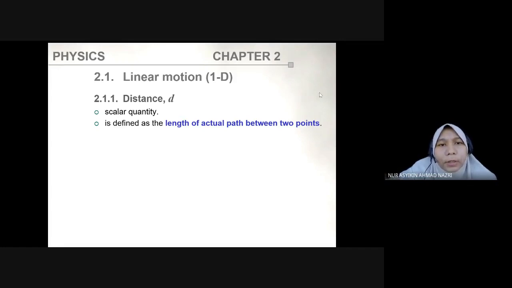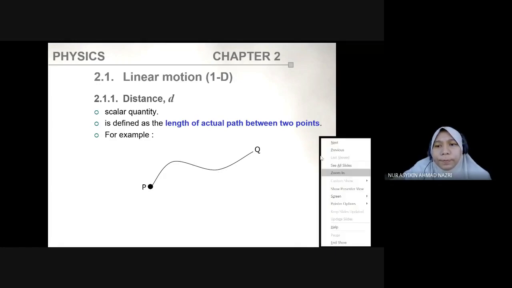Okay, so before we go for vector, we see the scalar quantity dulu, which is the same physical quantities. Dia dealing dengan length, macam distance dealing dengan length, but we call it distance. So it's defined as the length of the actual path between two points. So this is the example lah.